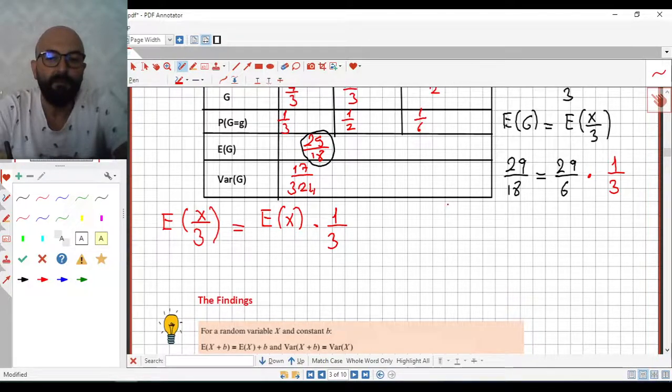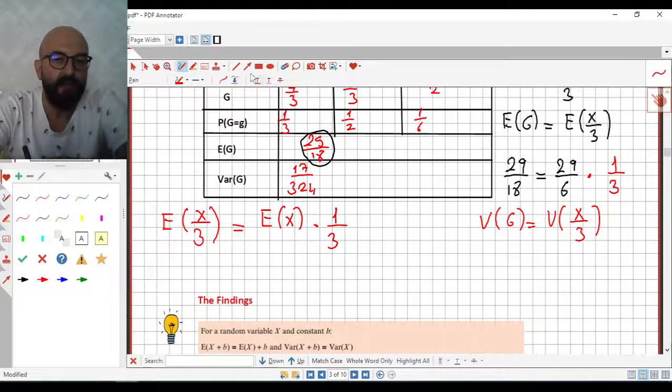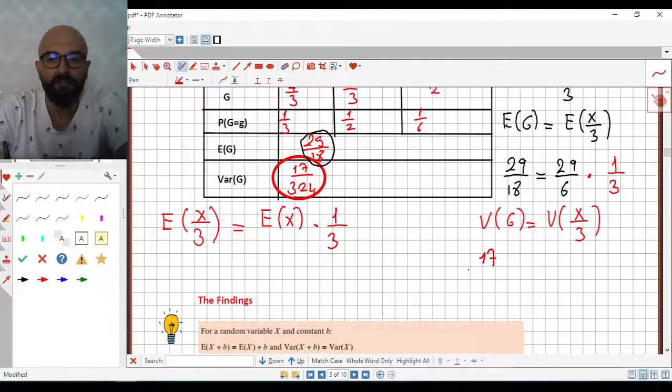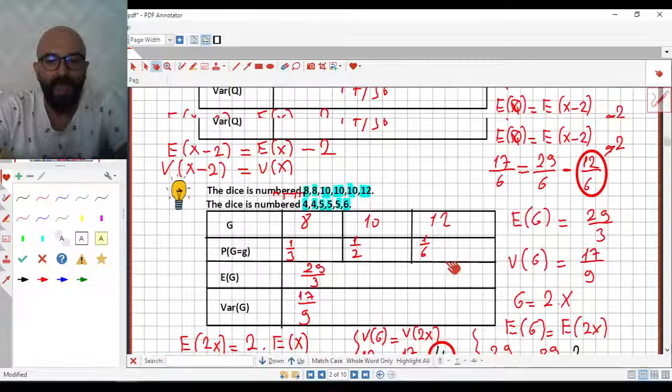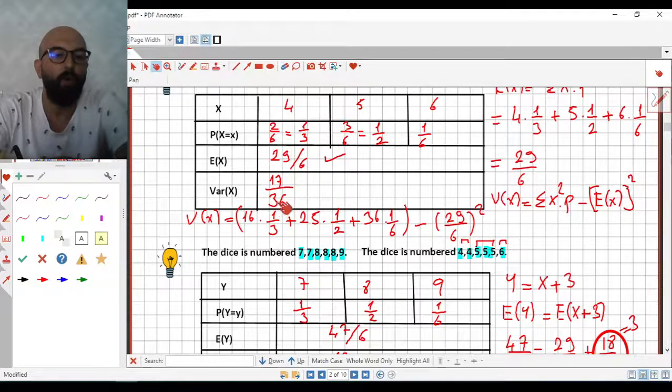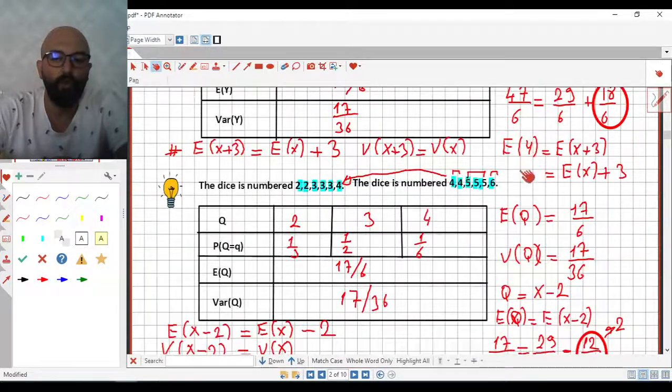Please remember that the variance of G means the variance of X over 3. The variance of G is 17 over 324. Please remember that the variance of X is 17 over 36.